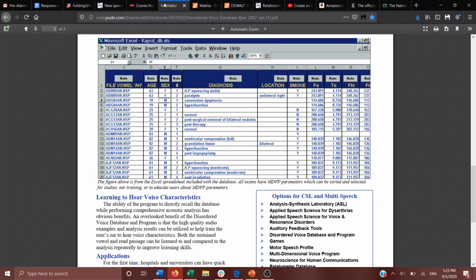So here we go. These are all issues that you might see that can affect jitter and shimmer. In fact, what you're looking at here is a speech database that has been used in research to show that jitter and shimmer are statistically significantly higher in a clinical population relative to normal voices.